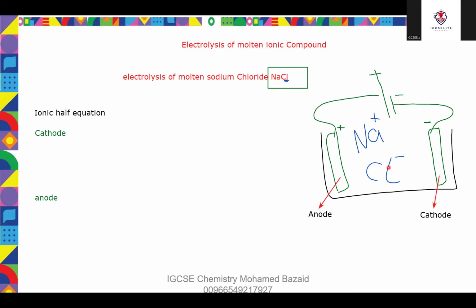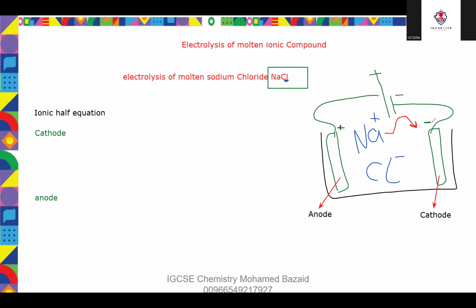Cathode is a negative, so will attract the positive ions. Yes, exactly. So the positive ion is attracted to cathode.